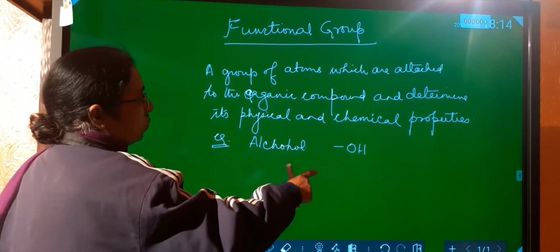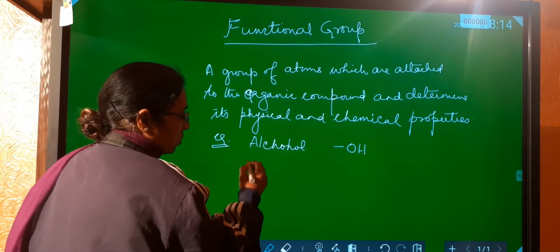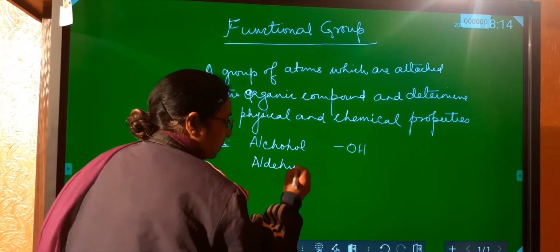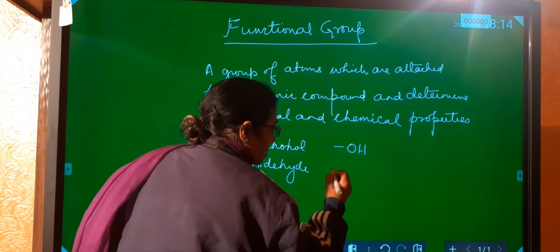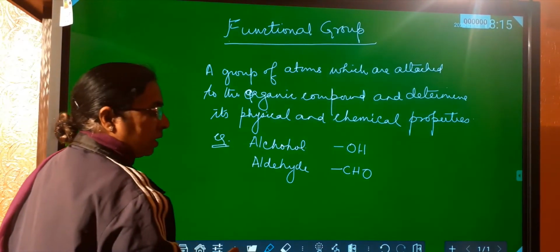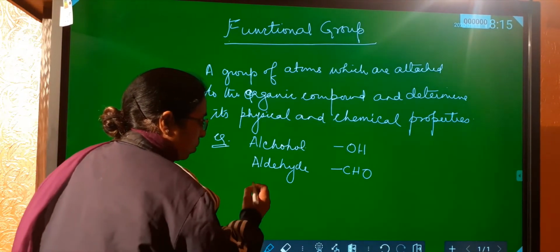These atoms OH will be attached over here. Then again, if we have aldehyde, then there will be CHO at the end of the compound. This is a terminal group, so we will be having CHO.